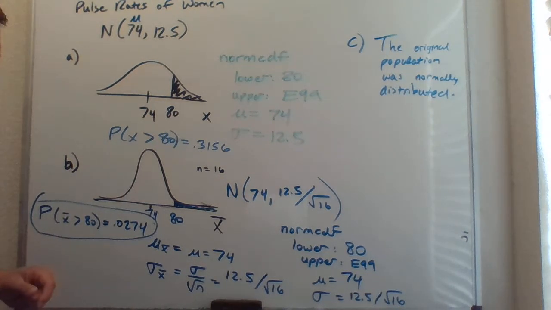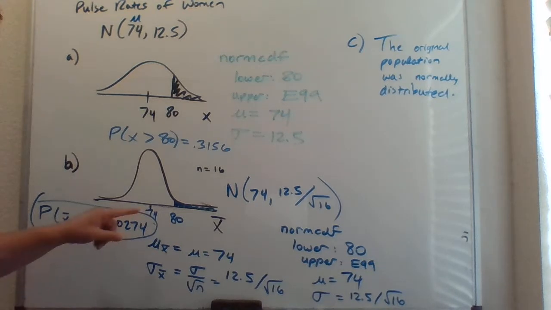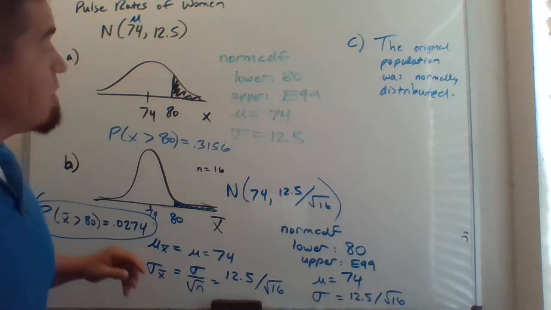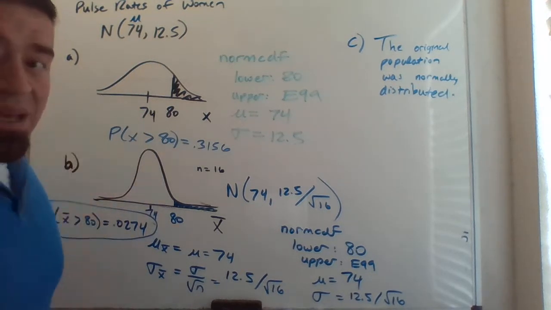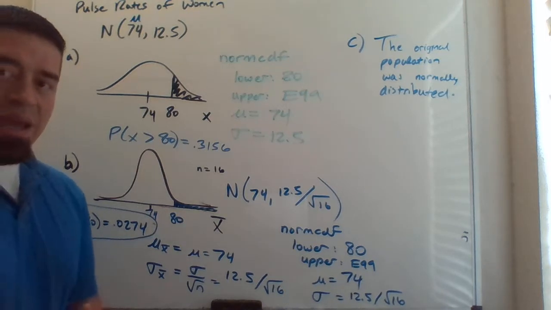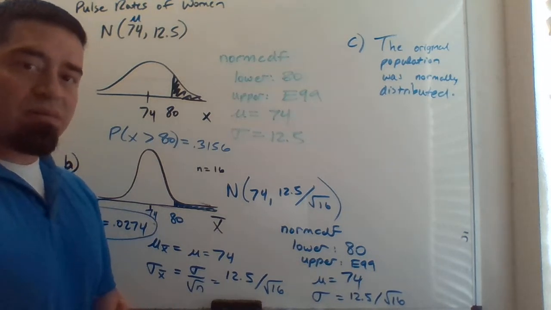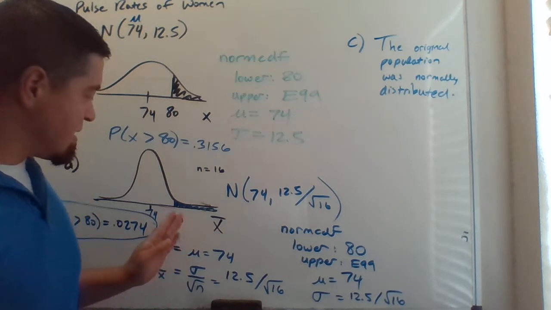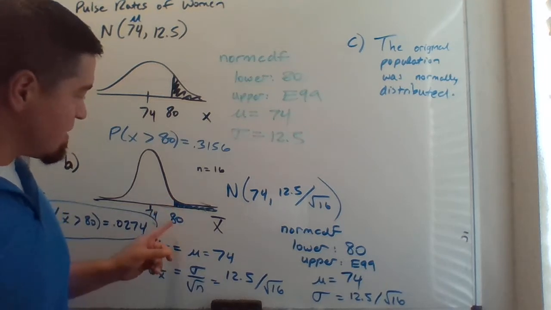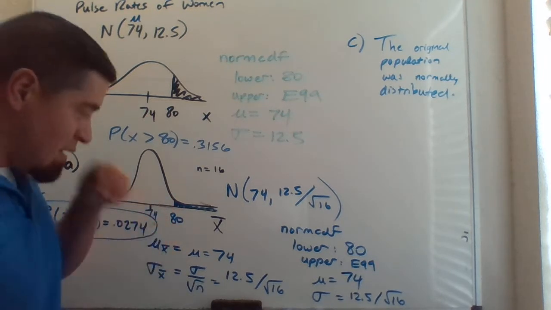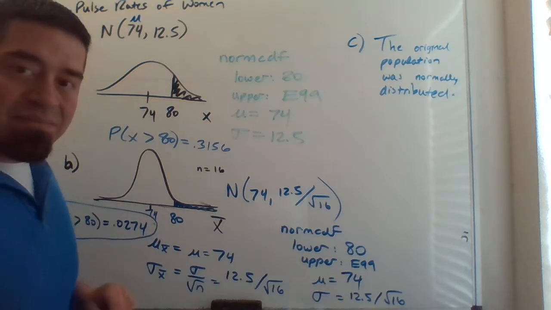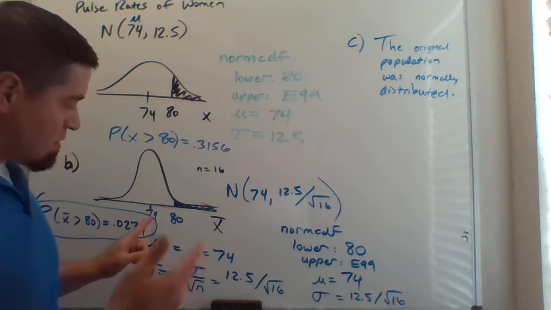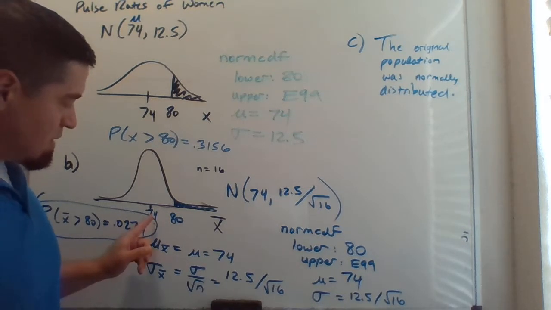So, meaning if we said that the mean pulse rate, so let's say there's an assumption that the mean is 74, right? And somebody took a sample to test this, and they said, okay, I took a sample of 16, and the mean pulse rate I got was 80. Well, that would challenge the known idea that the mean pulse rate for women is 74.